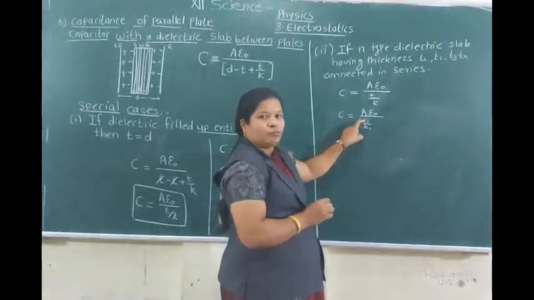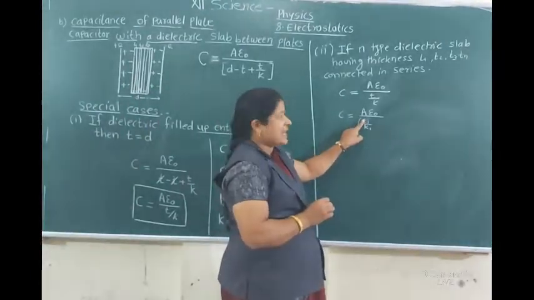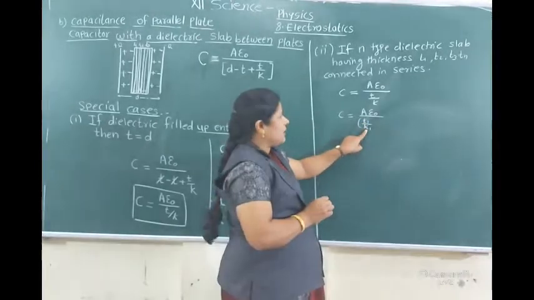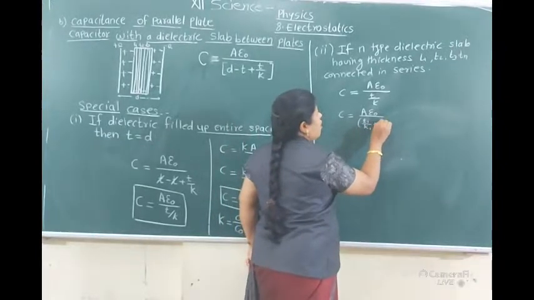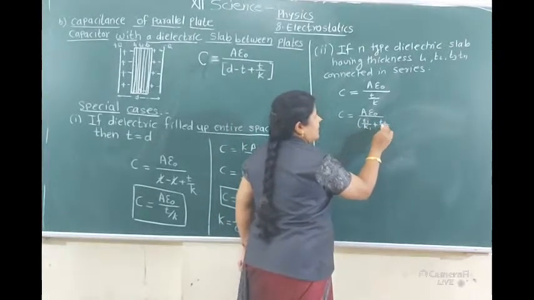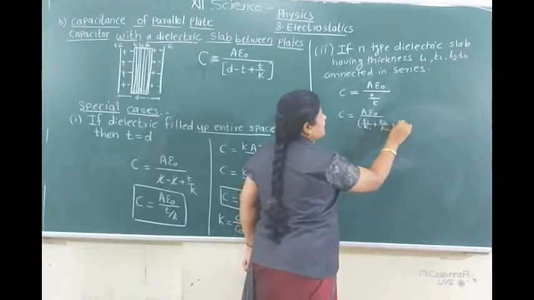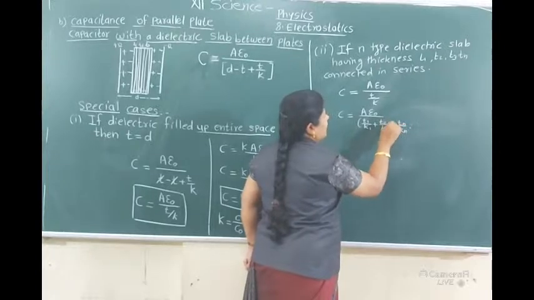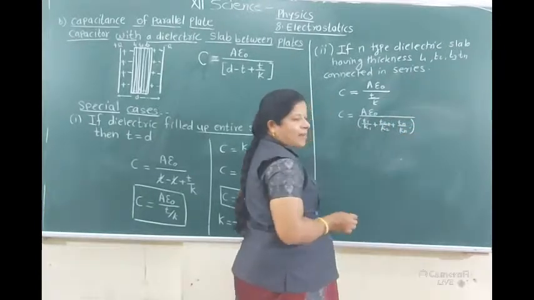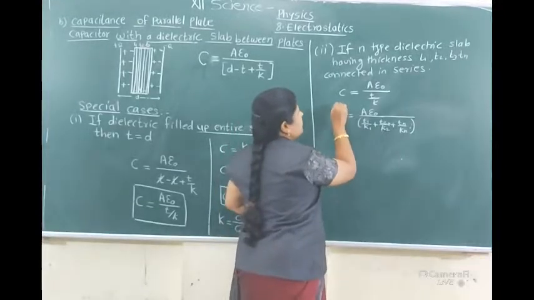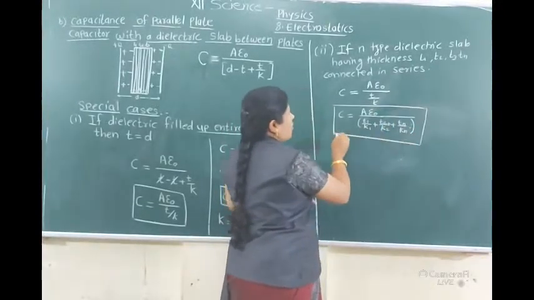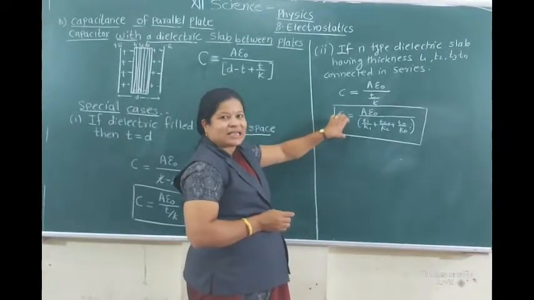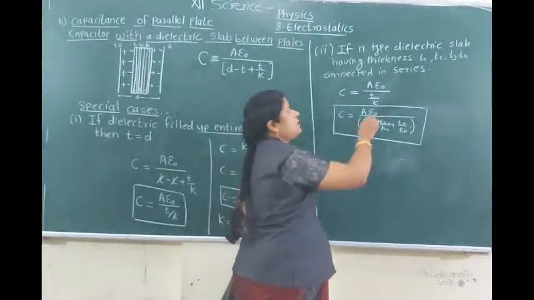For the first dielectric slab it has thickness T1 and dielectric constant K1. Similarly, T2 divided by K2 plus up to Tn divided by Kn. So this is the formula for the capacitance of the parallel plate capacitor where these dielectric slabs are connected in series.